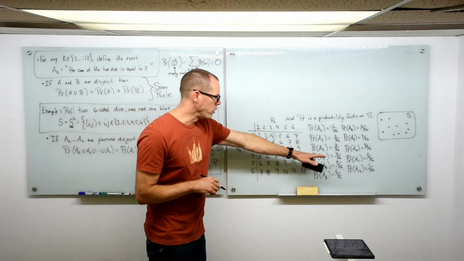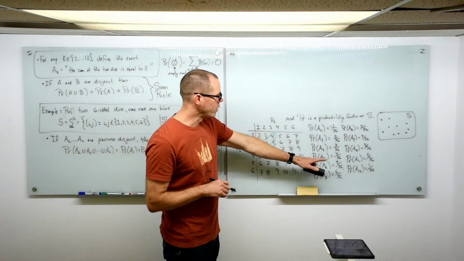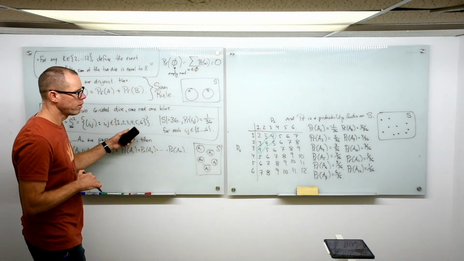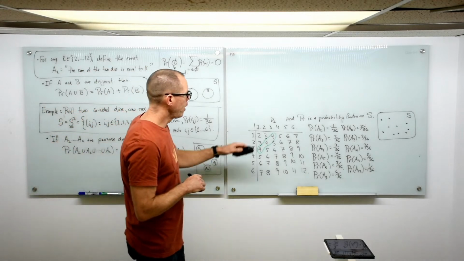This is a non-uniform probability space. They don't all have the same probability of happening, but let's stick with this one for now.